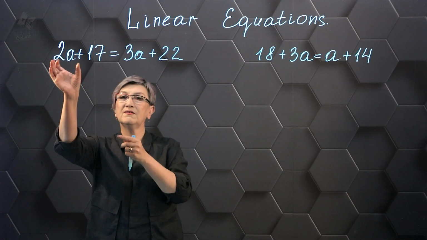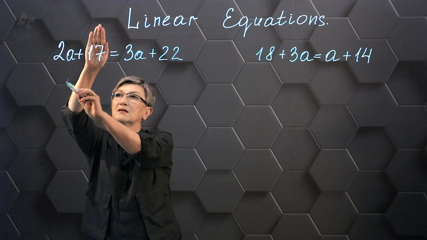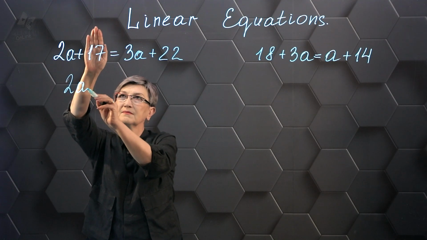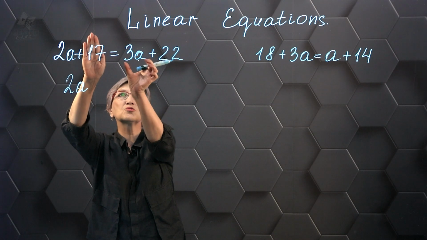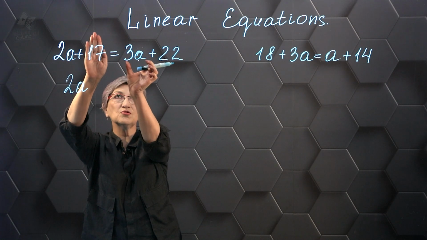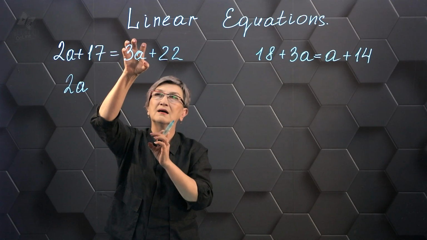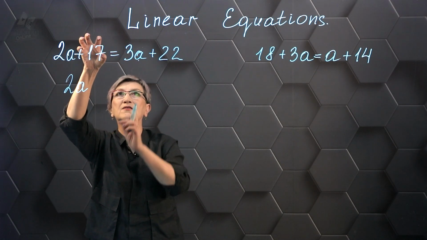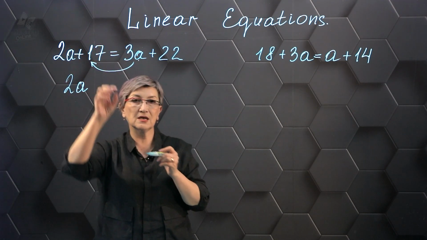So on the left side of the equation we have 2a, and on the right side of the equation we have a summand that's written with the letter a. So we're going to move the 3a into the left-hand side. We move it to the left side.